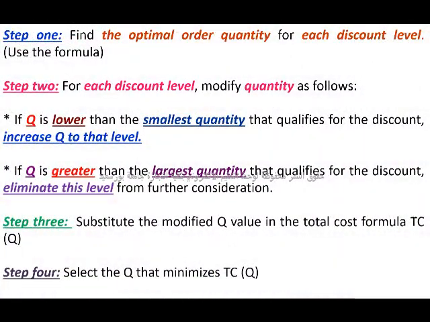For this exercise, first step, you calculate EEQ for each price. Why did I say for each price? If you return to your exercise, you can find H equals 20% of each price. This first. Second, calculate total cost for each price, then select the lowest total cost.